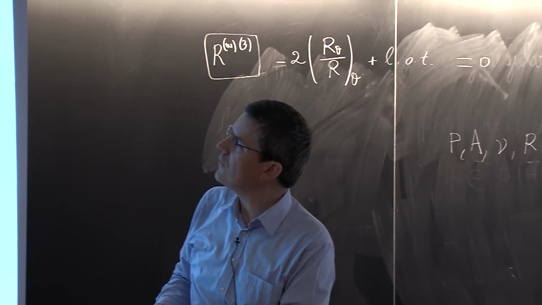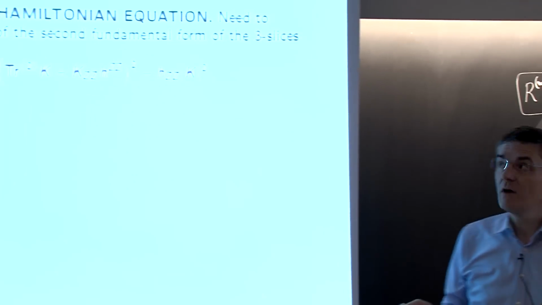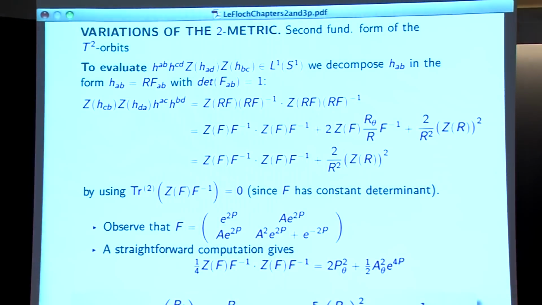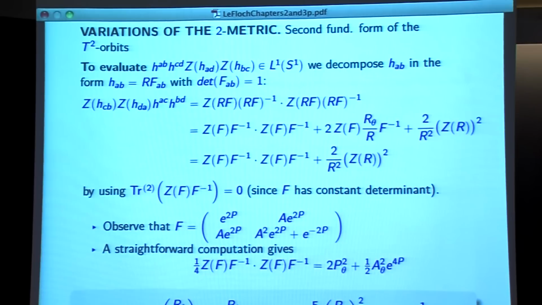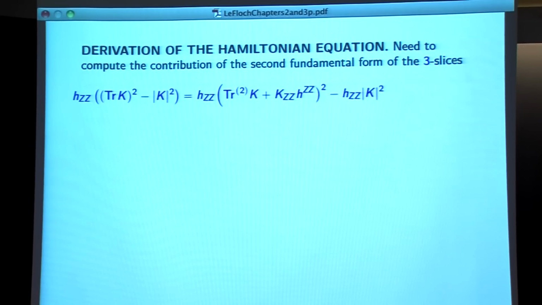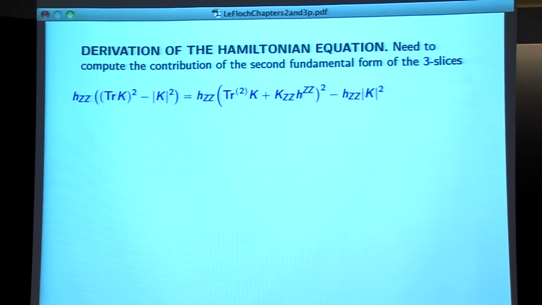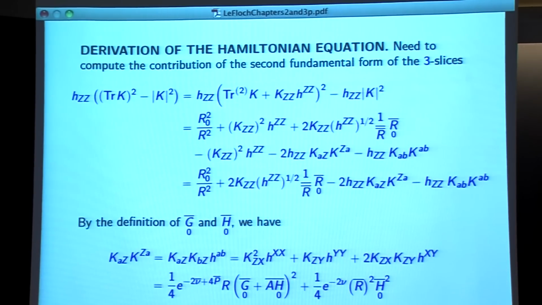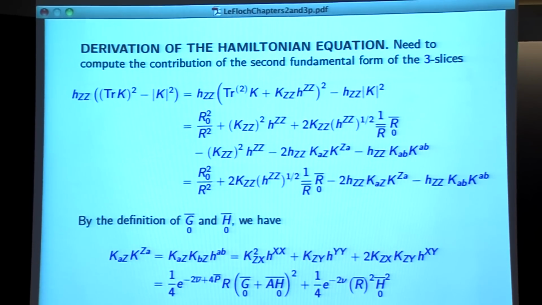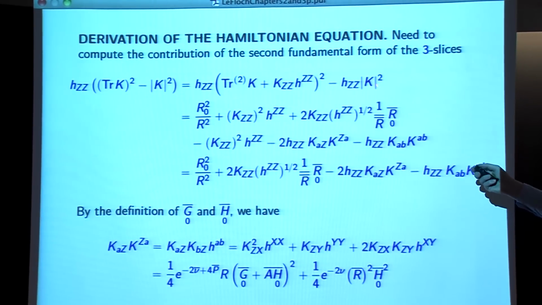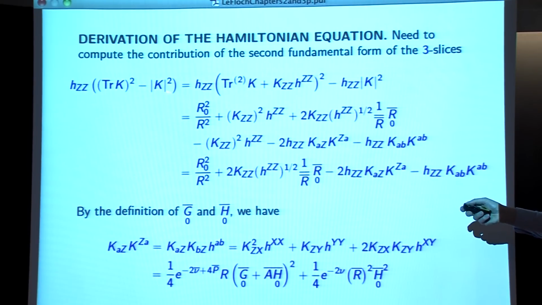Now we need to derive the Hamiltonian equation. So we need to compute. Actually, I go a little bit too fast in explaining things, because this is still not the final equation, because we have not taken the second fundamental form into account. So the full equation that I really would like to write on the blackboard, of course, contains also the norm of capital K square and this quantity here.